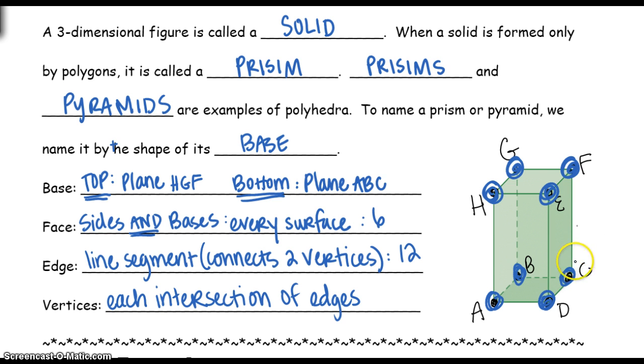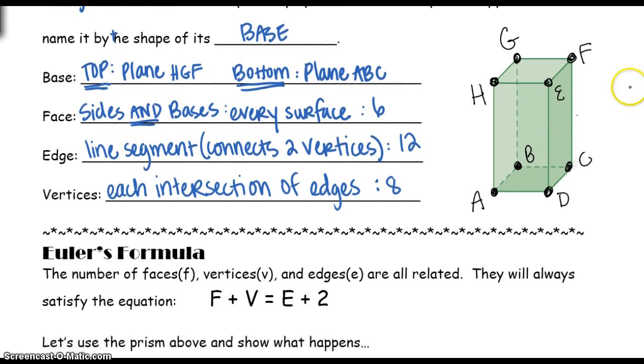You'll see those are the points right there, right? How many are there? 8. 8 of them. I'm writing these down, by the way, because we're about to use this information in just a moment. So hopefully you understand the vocabulary now. What a vertex is, vertices are plural, edge, face, base.